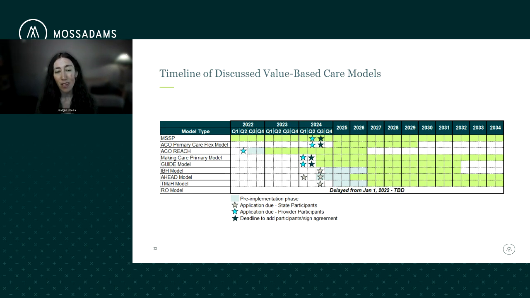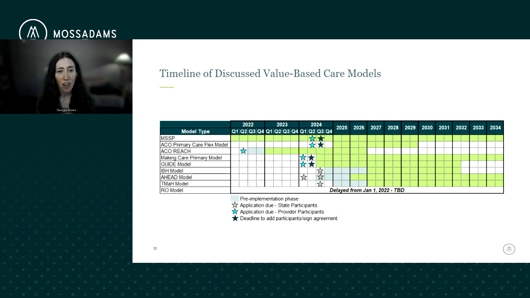But every year, we could have stars on here because they do accept applications for new ACOs typically every year and allow you to add or remove participants in each ACO. The primary care flex model, again, those stars are aligned with MSSP. It's part of that application process this year and will start in 2025.